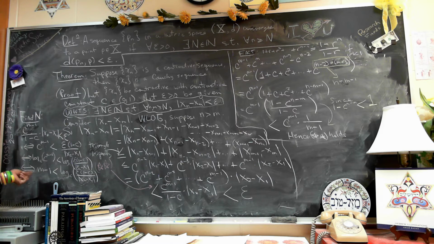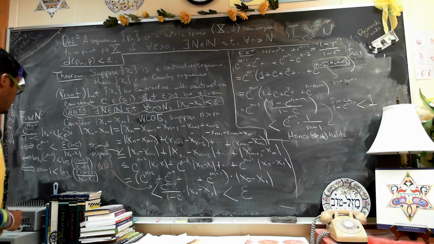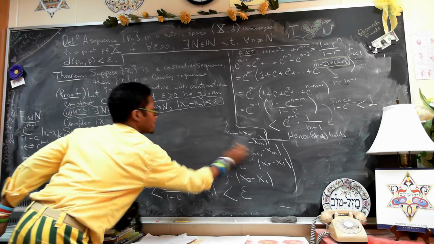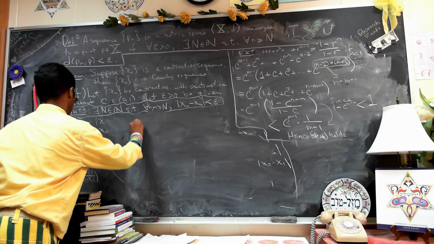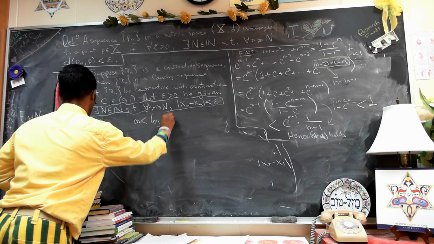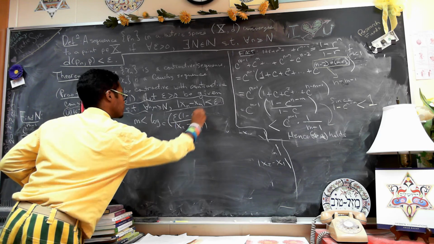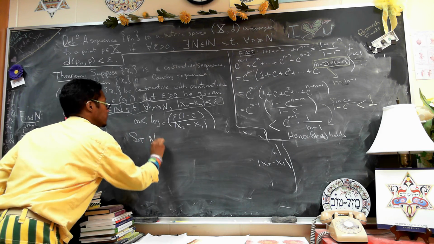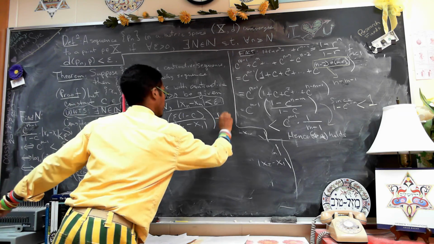Adding 1 to both sides, m is greater than log base c of epsilon times 1 minus c over absolute x sub 2 minus x sub 1, plus 1.